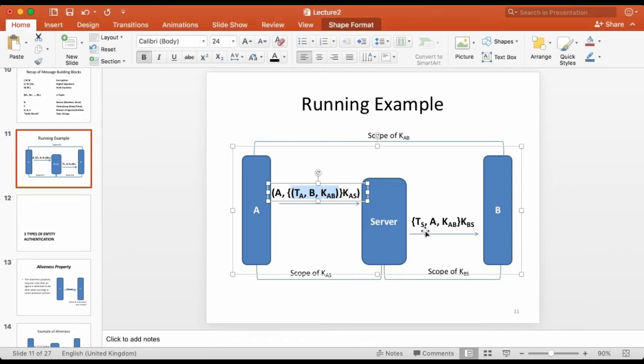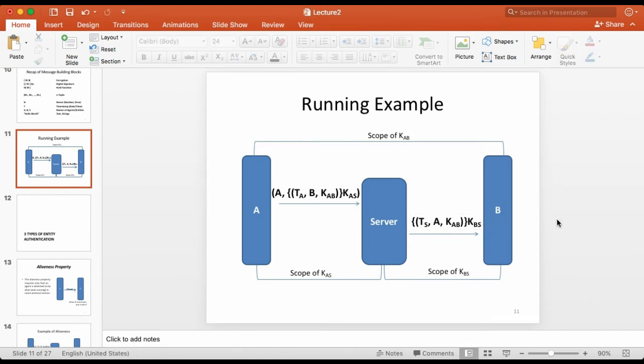Now, once it's done that, it will respond with a message that it will forward to Bob. I'm just trying to repair these two missing brackets here for the tuple.